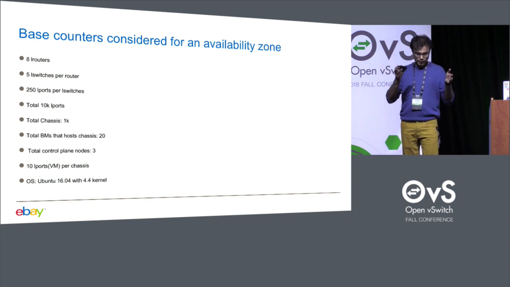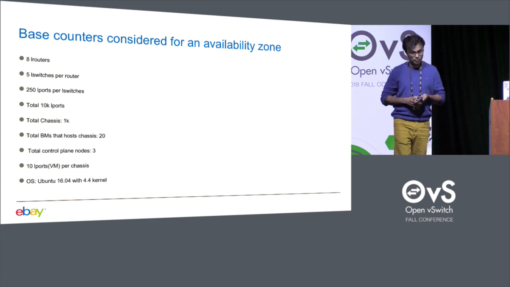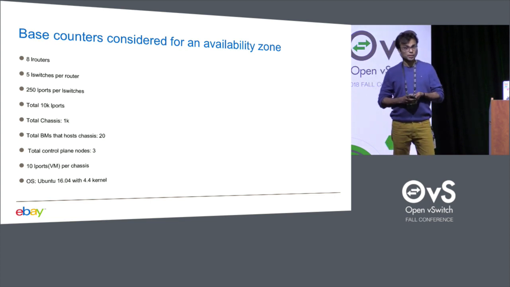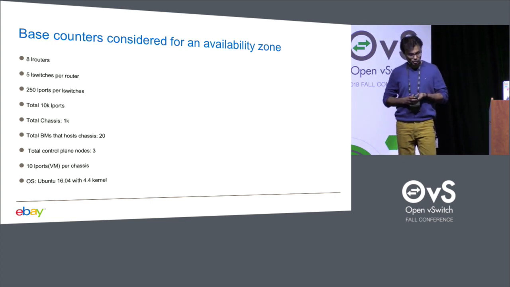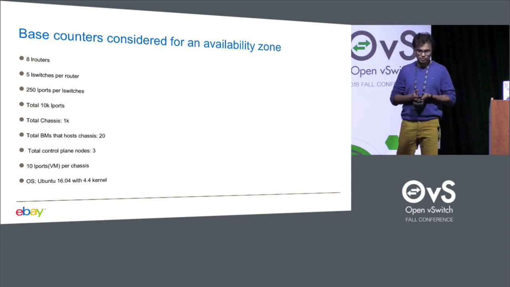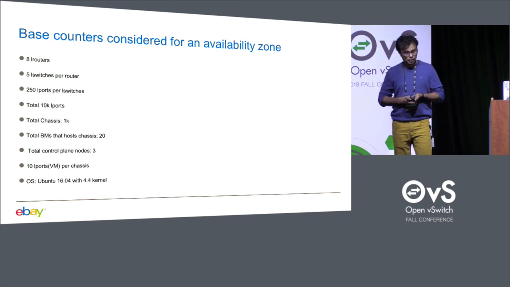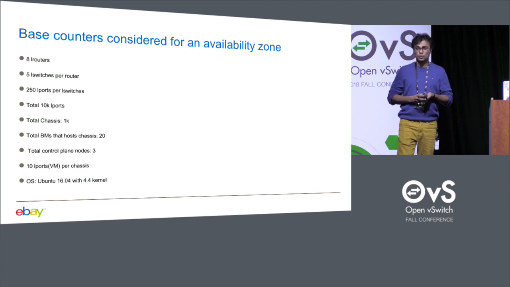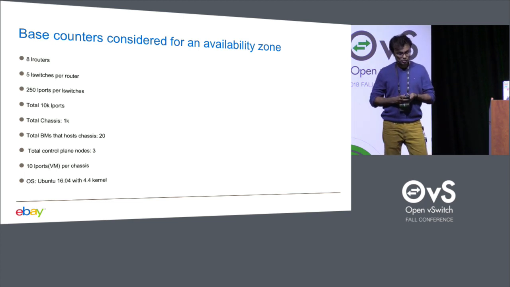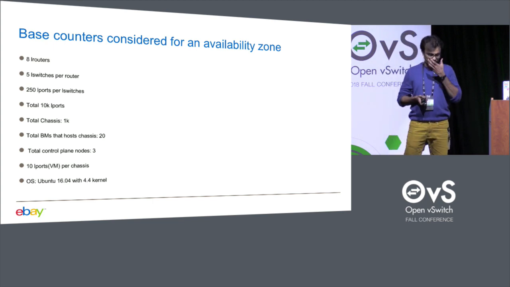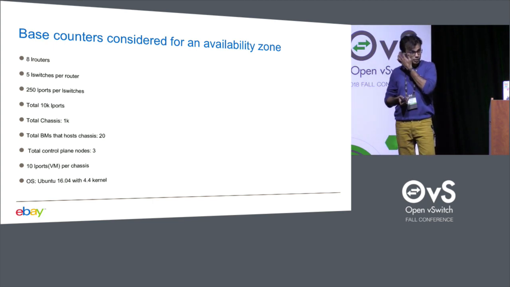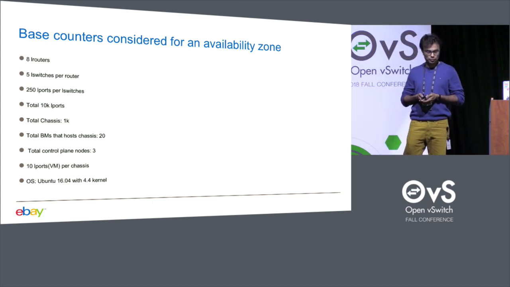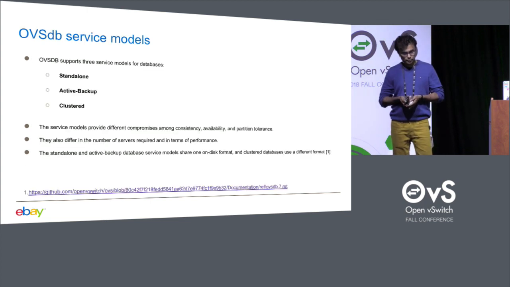We want to make sure each router resides on one of the external gateways, with 5 switches per router, 250 logical ports per switch, which is fairly a /24, and a total of 10,000 logical ports, which is 10,000 VMs in an availability zone. And for testing, we stick to one operating system version, mostly Ubuntu 16.04 with the 4.4 kernel.